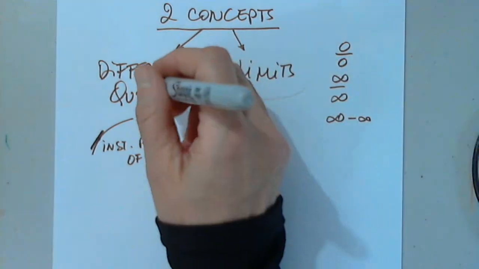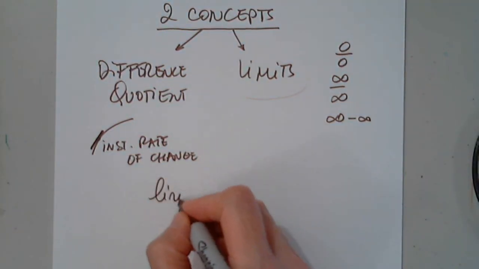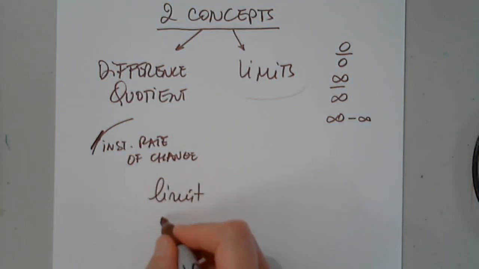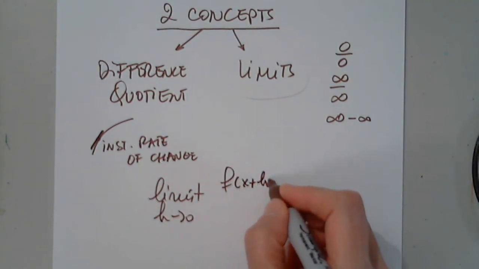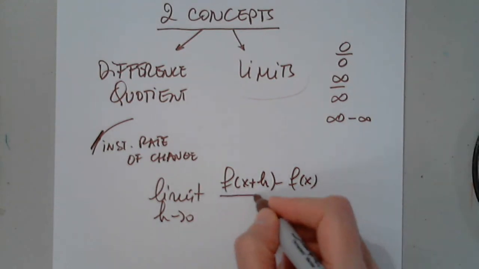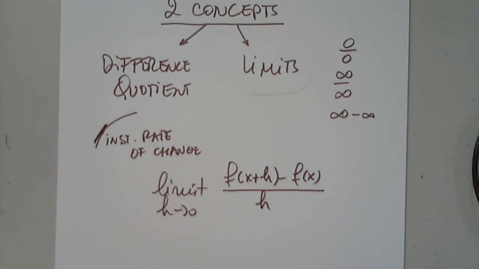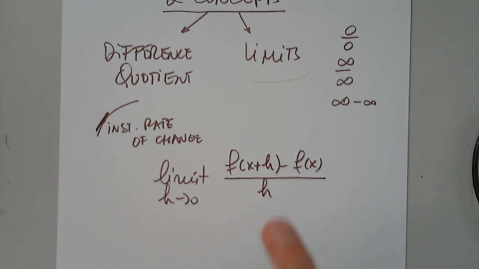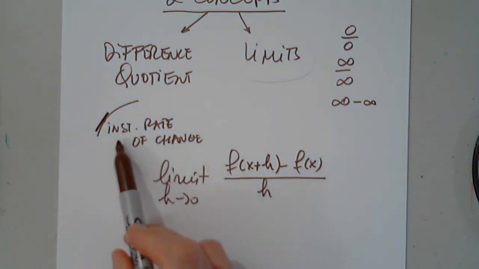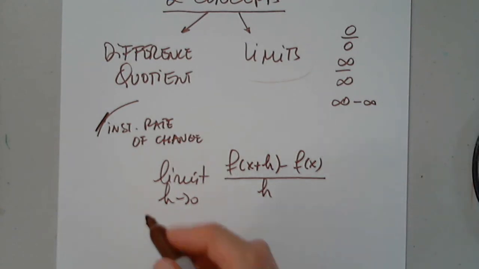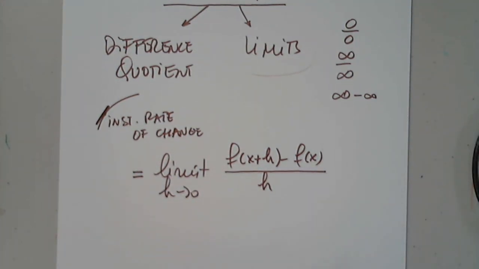So the limit of the difference quotient as h approaches 0 of f of x plus h minus f of x divided by h. This will give the instantaneous velocity, the instantaneous rate of change. And it has a very special name and notation.